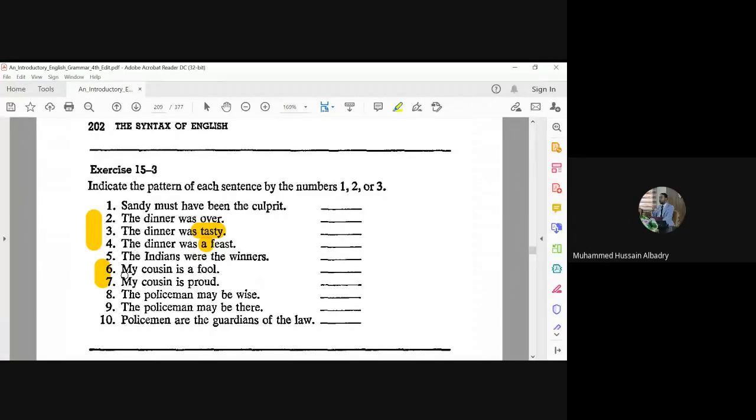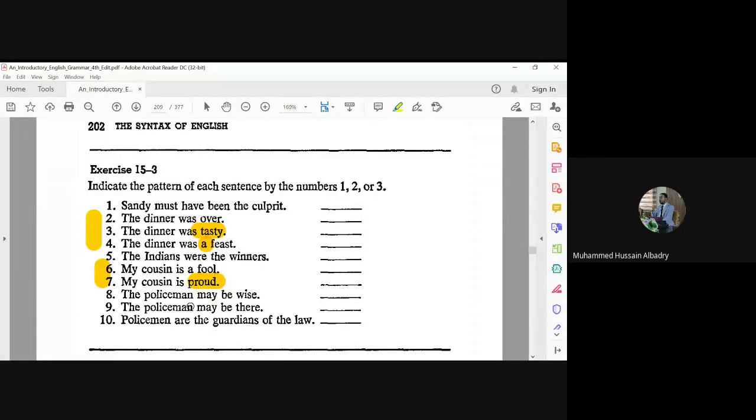Ahmed Majid. My cousin is a fool. Sir, in part 3, noun is noun. Yes, good. My cousin is a fool. Who is the fool? My cousin. But when you say my cousin is proud, here which part? Proud is an adjective. Part 1.